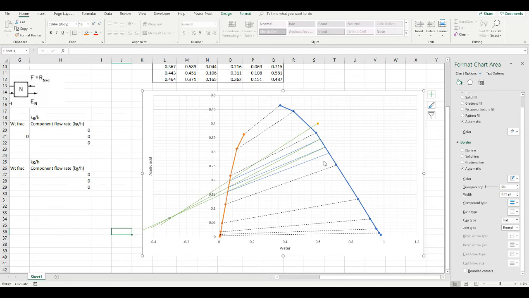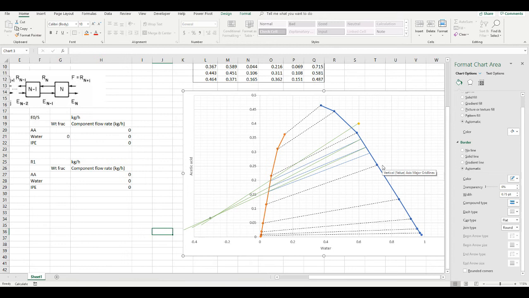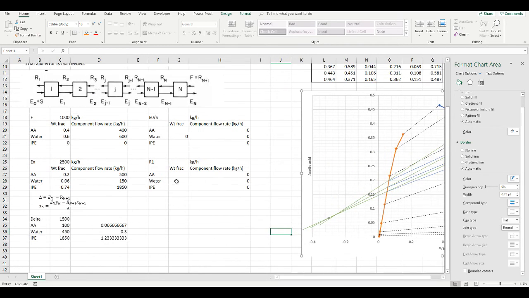And so now all we have to do is take a look at the final compositions, and then we can calculate the flow rates. So the final raffinate looks like it's about 67% water and about, I'd say, 29.5% acetic acid. So let's go ahead and write that.